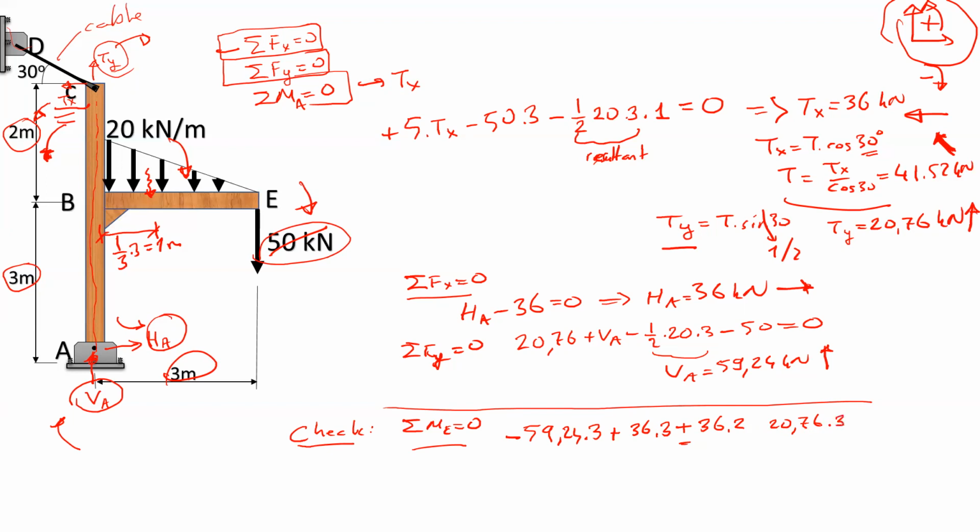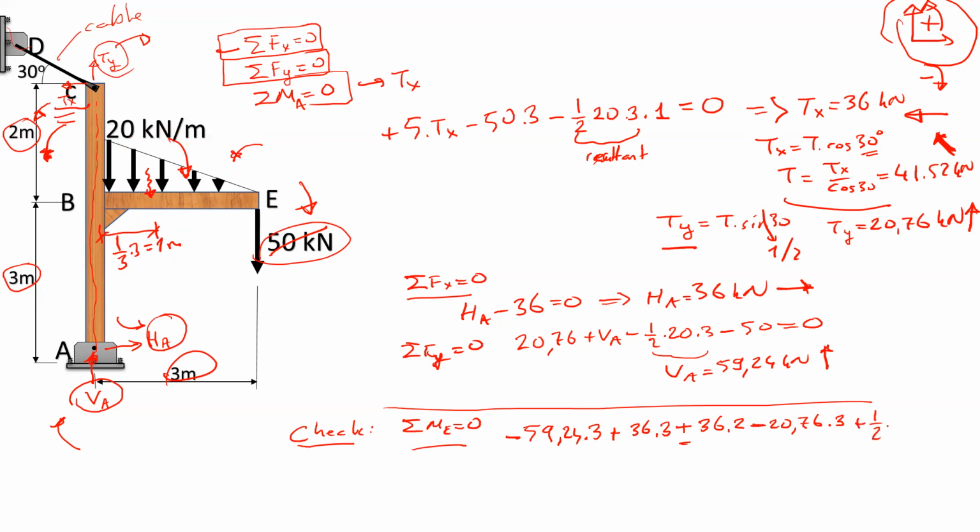So I'm going to multiply it by 3 meters, and Ty is rotating in the clockwise direction, so this should be a minus moment. And what else should I add? The triangularly distributed load. The triangular load is rotating the system around point E in the counterclockwise direction. So it's a positive moment.